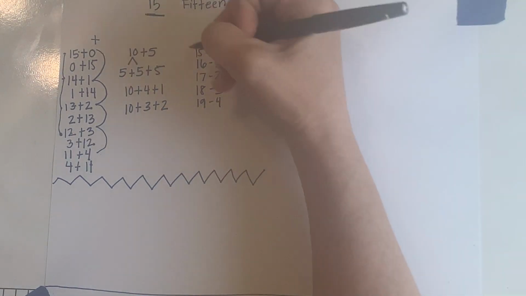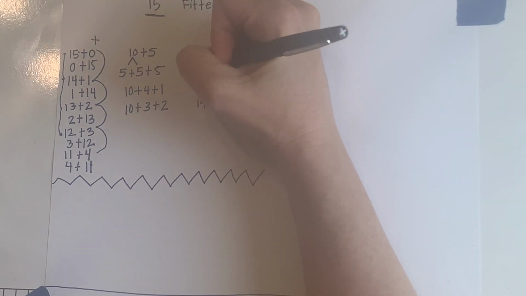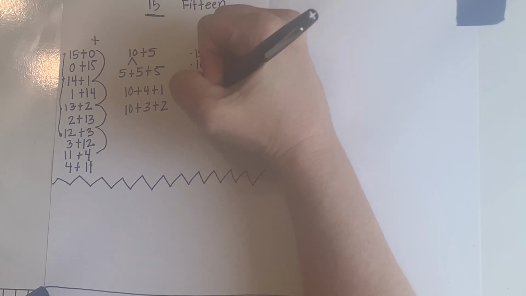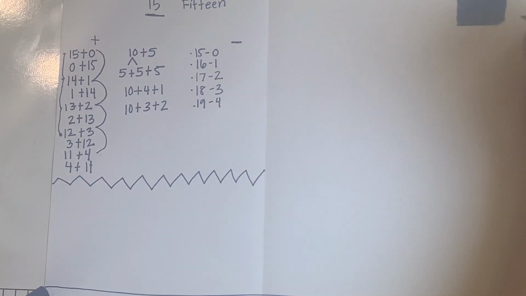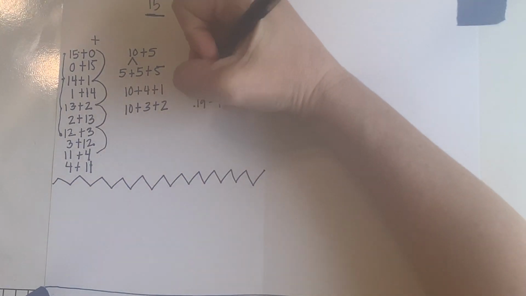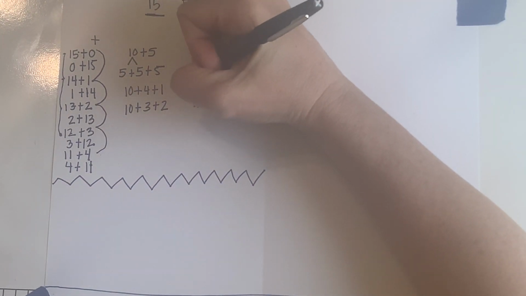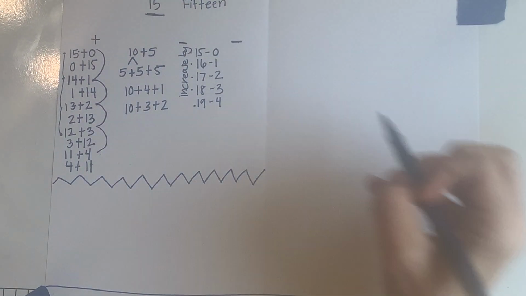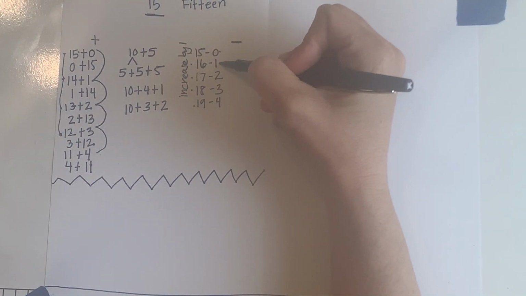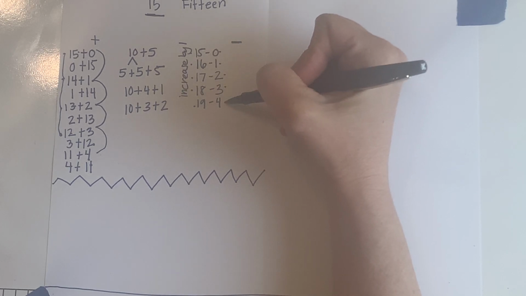Mathematicians, you may be noticing a pattern here as well. Let's look at what's happening. 15, 16, 17, 18, 19. This is all increasing, and they're all increasing by 1. So this pattern is an increase by 1 pattern. Let's look at this side. 0, 1, 2, 3, 4.